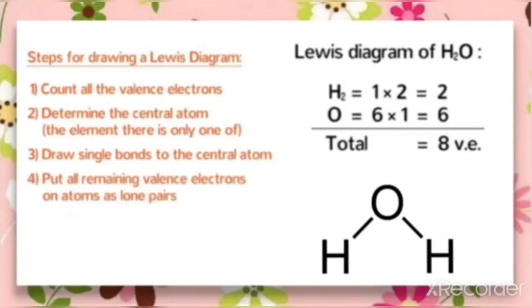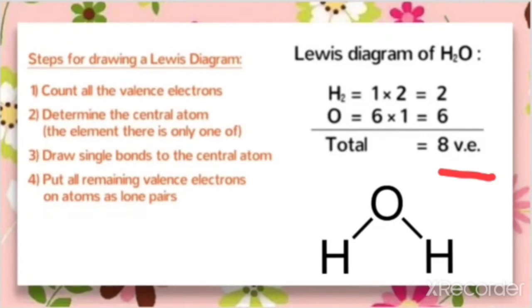Fourth, put all the remaining valence electrons on the atoms as lone pairs. We have 8 electrons. Start the counting from a terminal atom, so I am starting from this hydrogen. First start with the bond: here is 1 electron, this is the second electron.